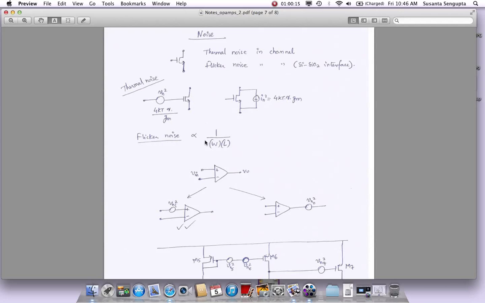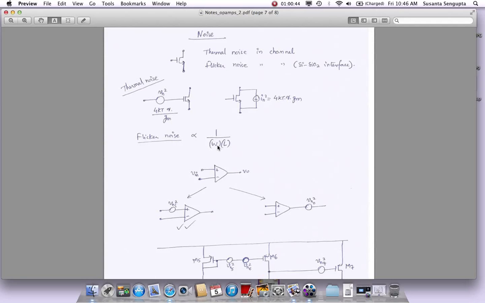Flicker noise has much more complicated equations. It is based on interface traps, the silicon dioxide interface. They're best modeled in the simulator rather than me trying to write an expression here. But the only rule that applies to flicker noise is, if you have a device and it has some flicker noise that you're getting from the simulator, the only way to reduce the flicker noise is to increase its W and L. Flicker noise is inversely proportional to the area of the gate.